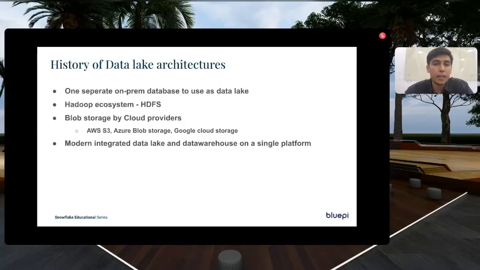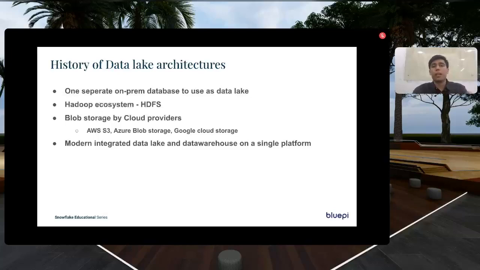So after that, the current modern data lake architecture, which is supported by Snowflake, is that you have your data lake and data warehouse on the same platform. So instead of blob storage, even the data lake will only be a table in your architecture, which makes your data analyst capable of going and querying the data directly in the rawest form of data.